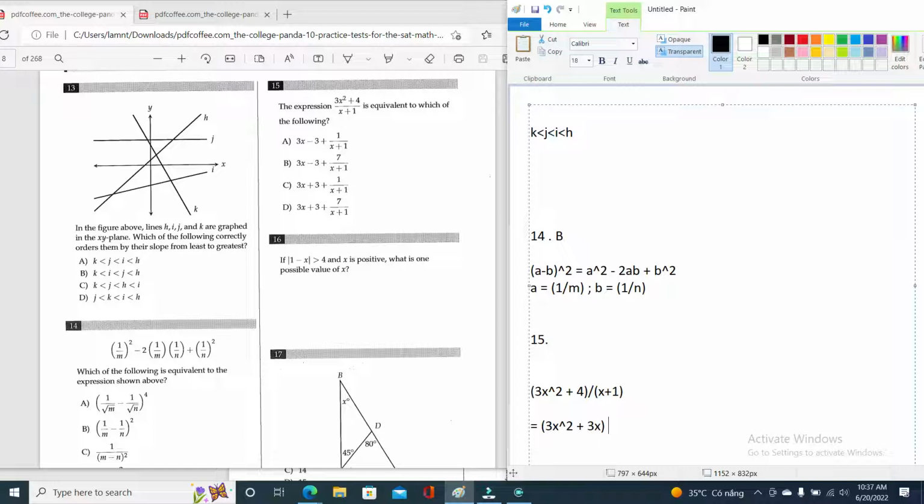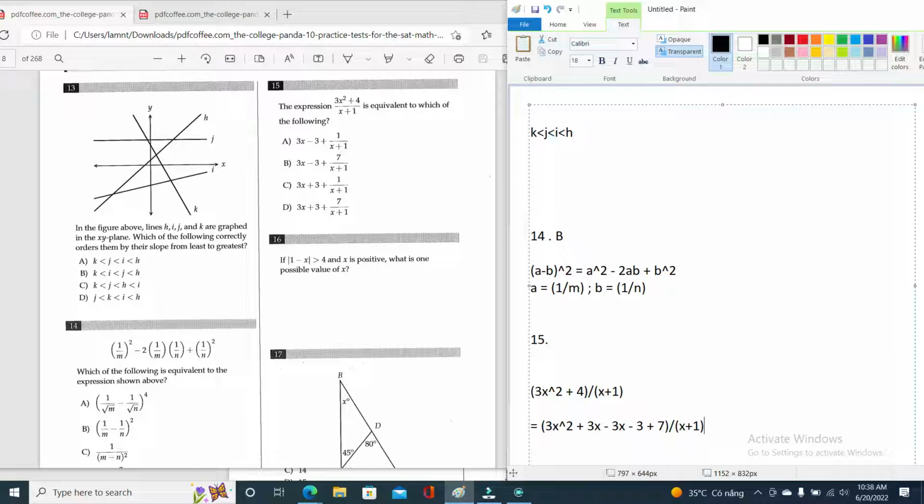Okay, and then we minus 3x, because 3x is redundant, and then we have the minus 3, and then we plus 7 to return things to normal, because it's plus 4 here, so 7 minus 3 is actually 4, over x plus 1.